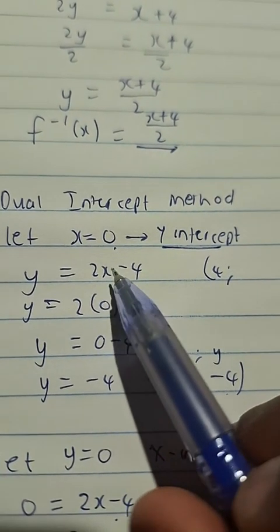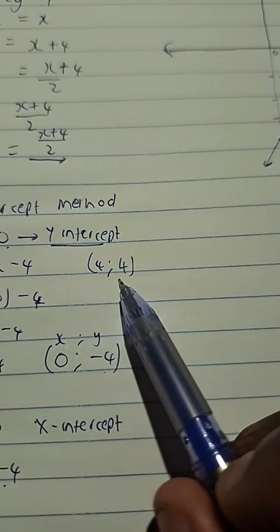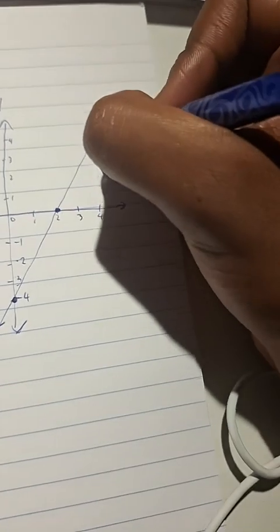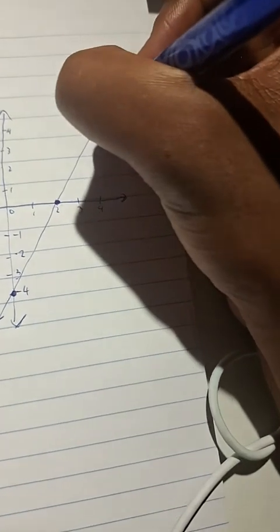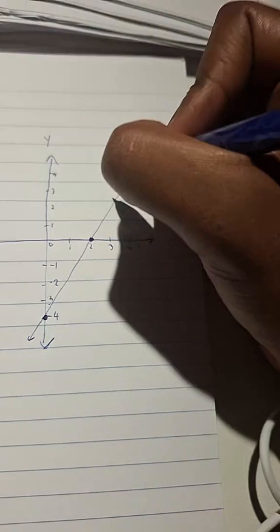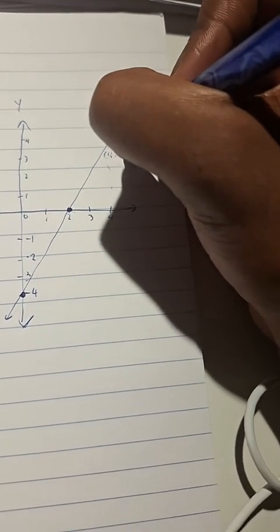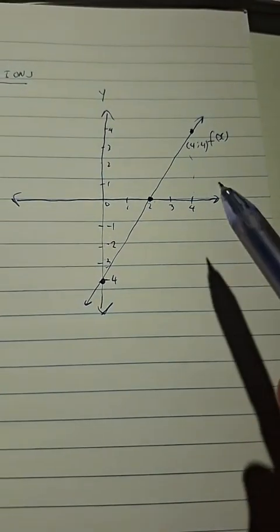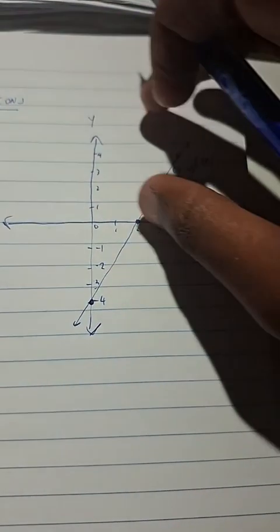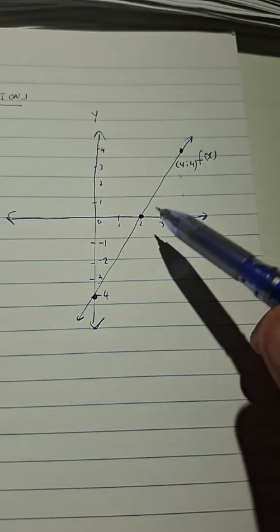So 1, 2, 3, 4. You can see, guys, where x is 4, y is equal to 4. So that's just another random point that I want to see for the graph on that side, so that I can have a very good grasp of what's happening beyond the x-intercept.